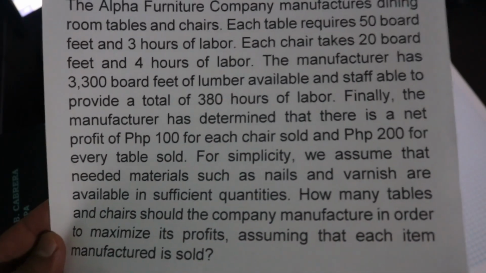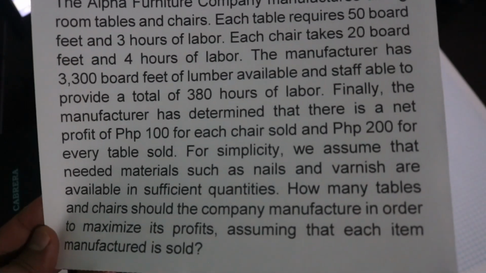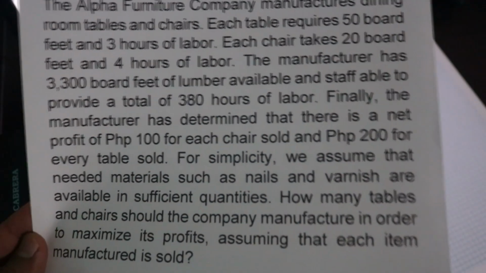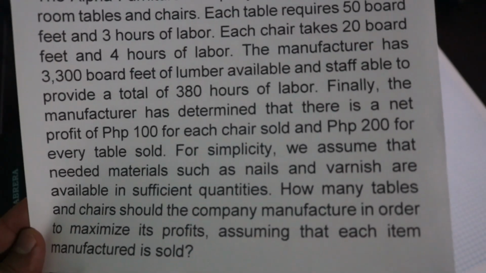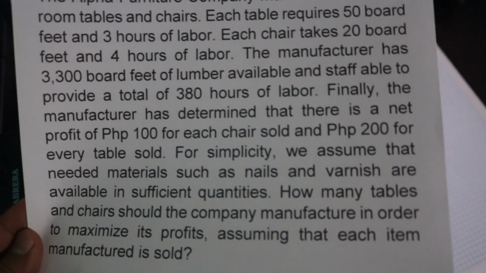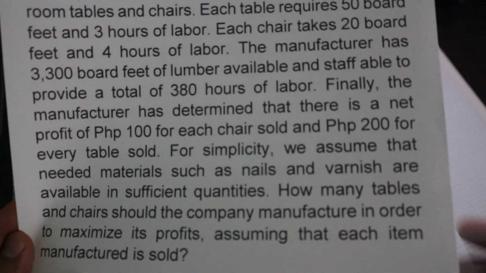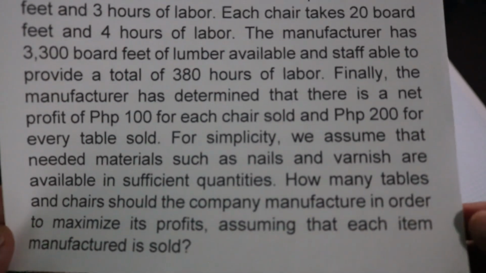Finally, the manufacturer has determined that there is a net profit of 100 pesos for each chair sold and 200 pesos for every table sold. For simplicity, we assume that needed materials such as nails and varnish are available in sufficient quantities.